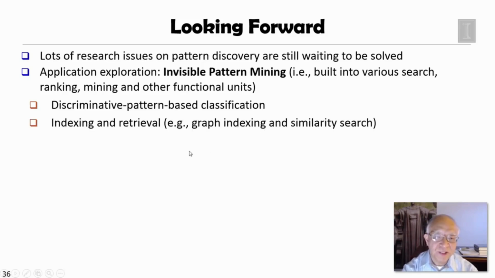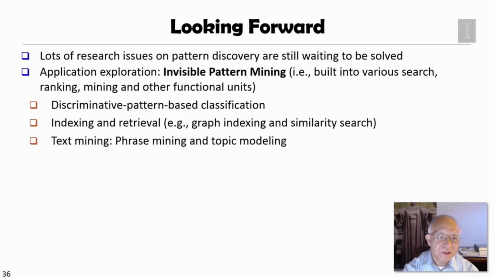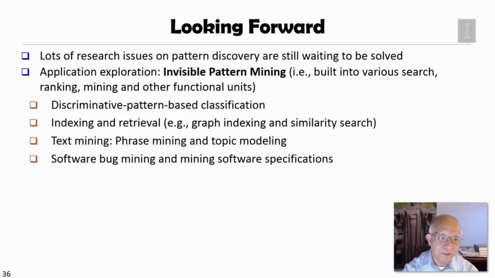Then we also studied graph indexing and similarity search. When you do indexing, search, and various kinds of retrieval, you may use an index constructed by pattern analysis. Even for text, we may first mine frequent patterns and do topic modeling, and then we can get lots of interesting primitives and features for effective text mining.